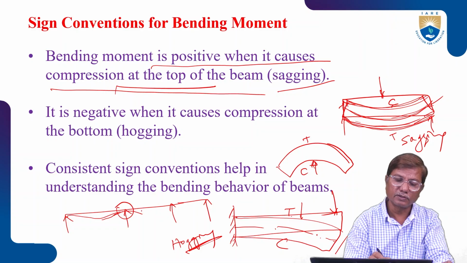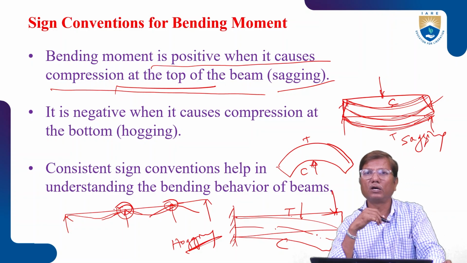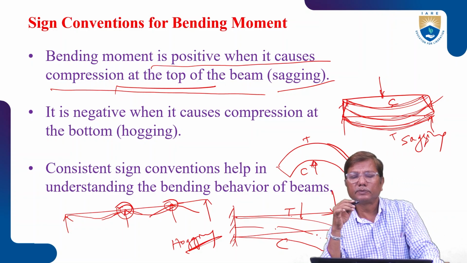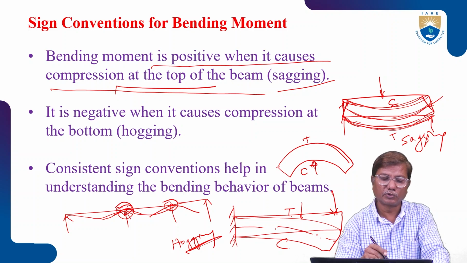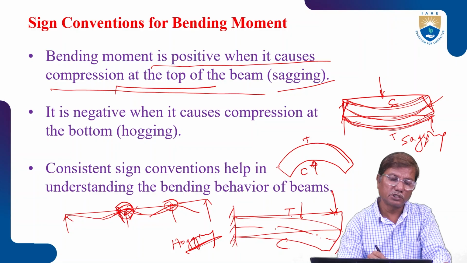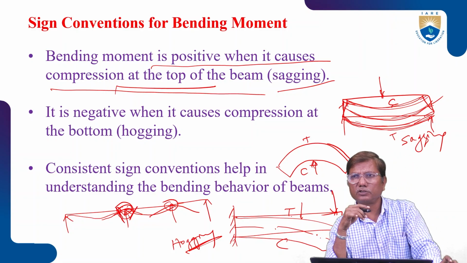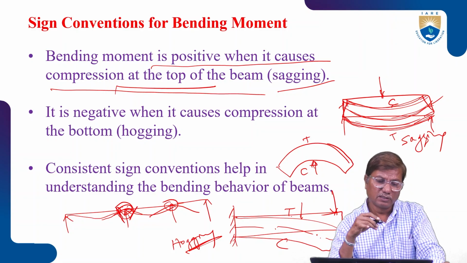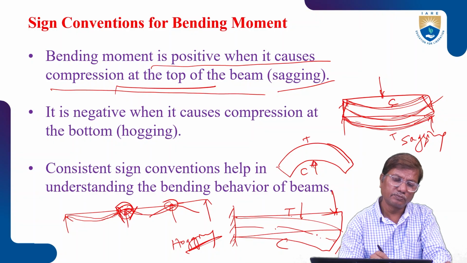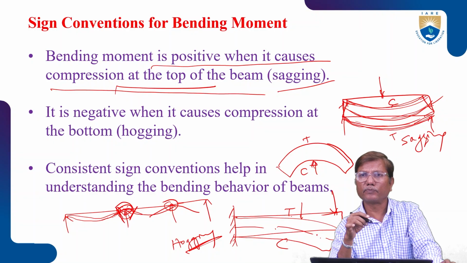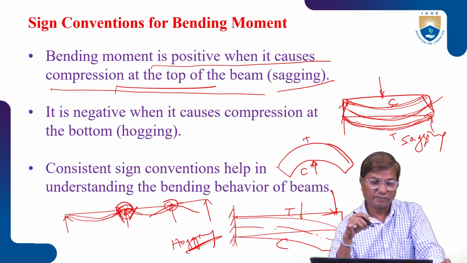Above the intermediate support, we will have beam bending such that it will have tension above and compression below up to a certain distance on either side of the support. That means the curvature changes from positive to negative.